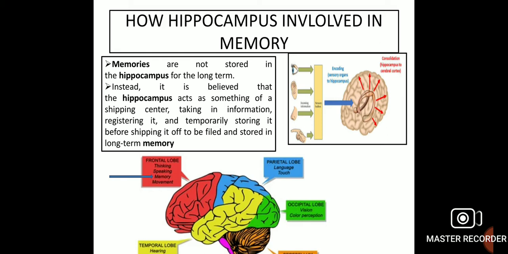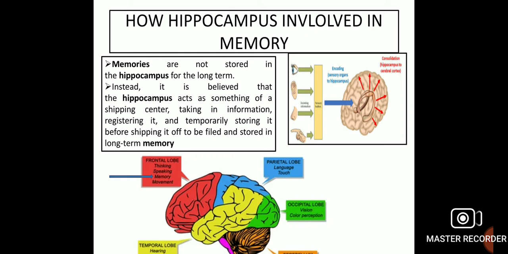In the right upper figure you can see that sensory information comes from various sensory organs like the ears, eyes, nose and touch. That information is encoded in the hippocampus, and memory consolidation occurs from the hippocampus to the cerebral cortex.